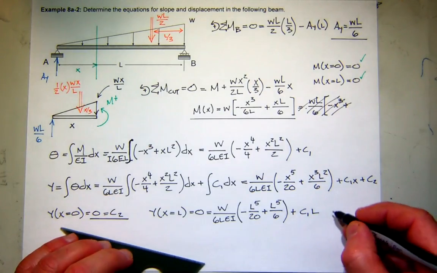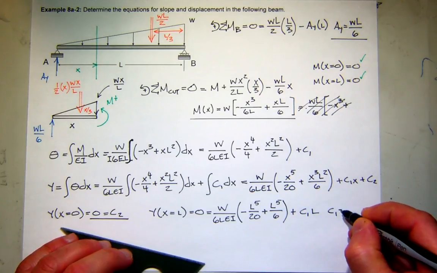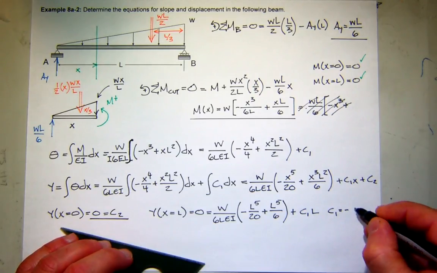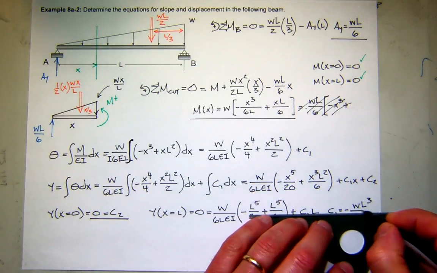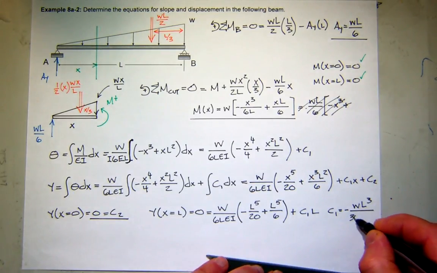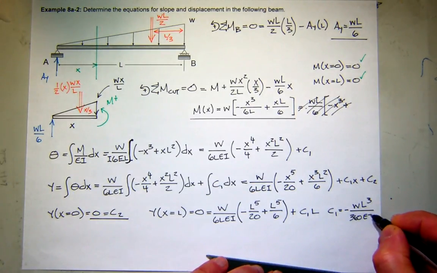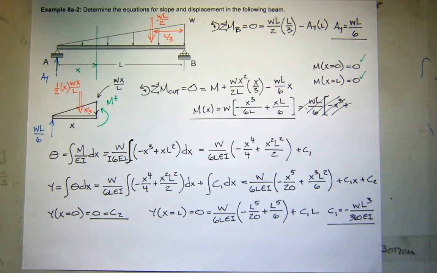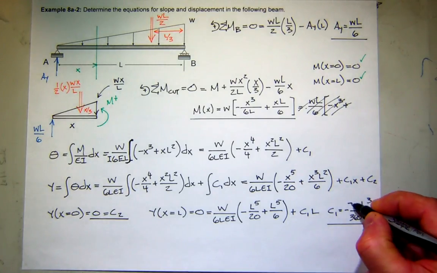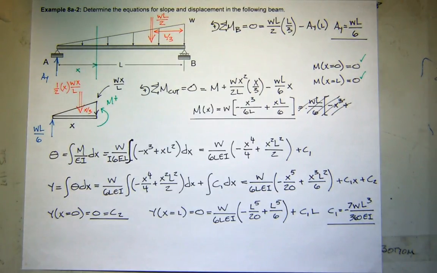Right? So C1 should be minus WL cubed over 360 EI. Is that right? Oh, I forgot the 7. 7 WL cubed over 360 EI.